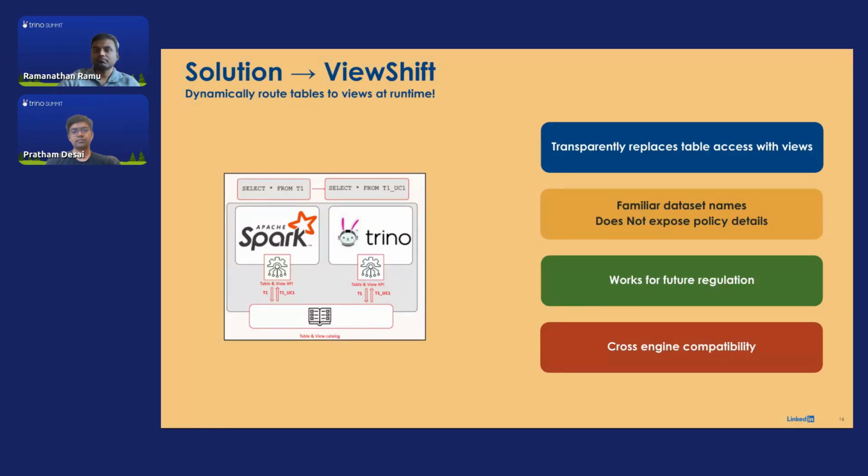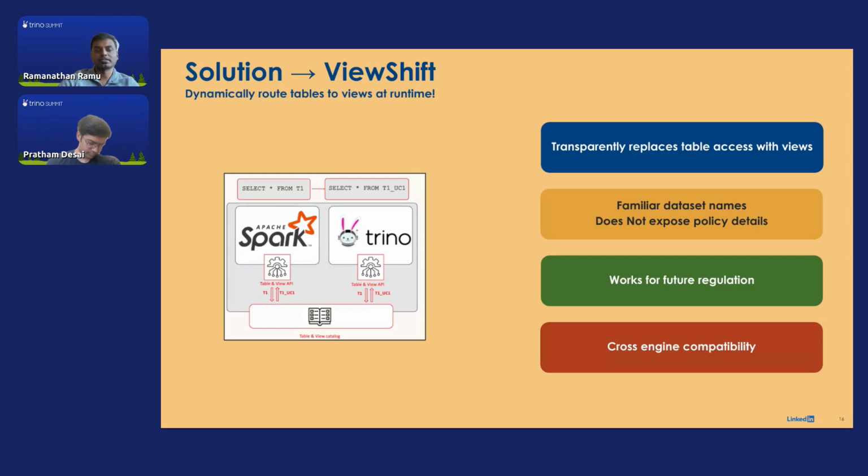As you could see, we have Spark as well in the picture, because ViewShift can be integrated in different engines like Trino or Spark to achieve this redirection to the data masking view, because it's cross-engine compatible. The other main benefits are, users do not need to modify their code to adopt the data masking views.